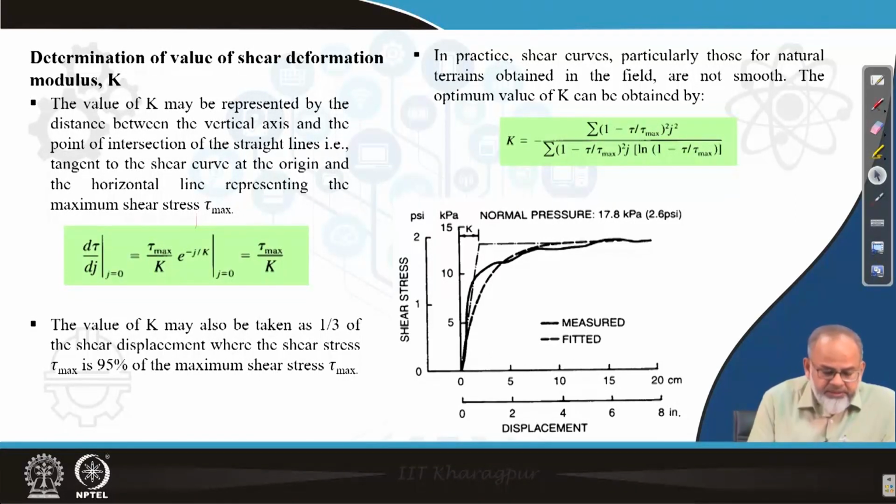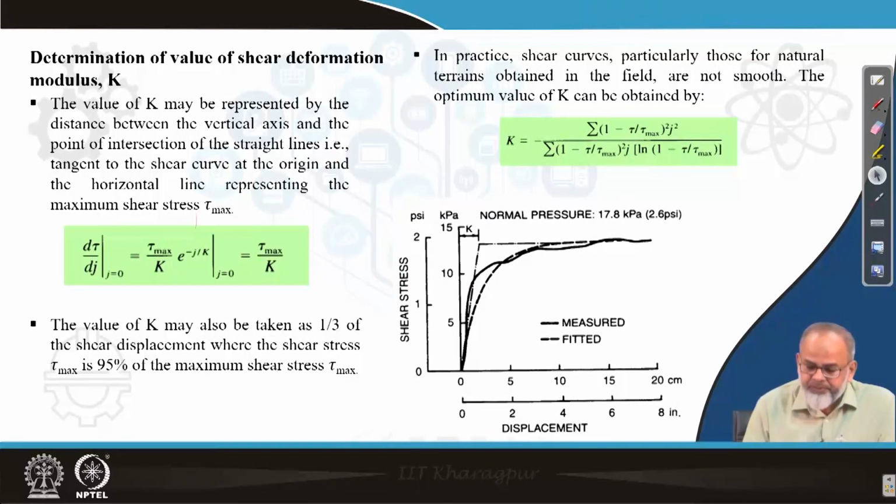If you cannot do this exercise, then the other way of finding out k is to take one third of the shear displacement at which the shear stress is 95% of the maximum shear stress.